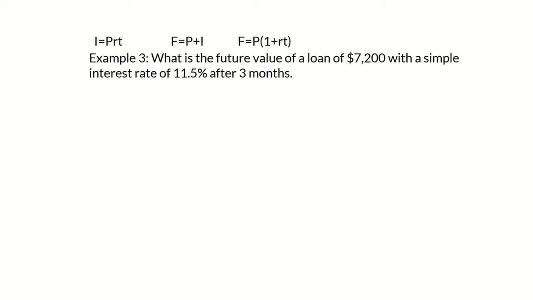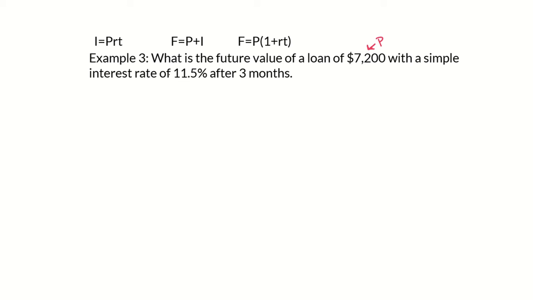Example 3, what is the future value of a loan of $7,200 with a simple interest rate of 11.5% after 3 months? So in this situation, the principal amount is $7,200.